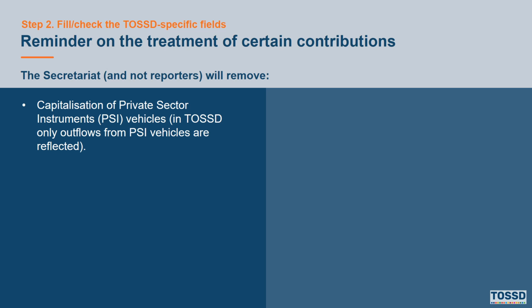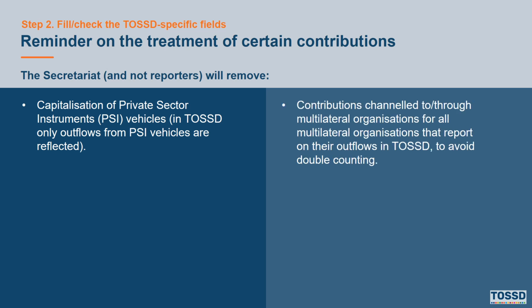In TOSDI, only the outflows from PSI vehicles are reflected. On the other hand, the Secretariat will also remove contributions channeled to or through multilateral organizations, for all multilateral organizations that report on their outflows in TOSDI, to avoid double counting in the recipient perspective.